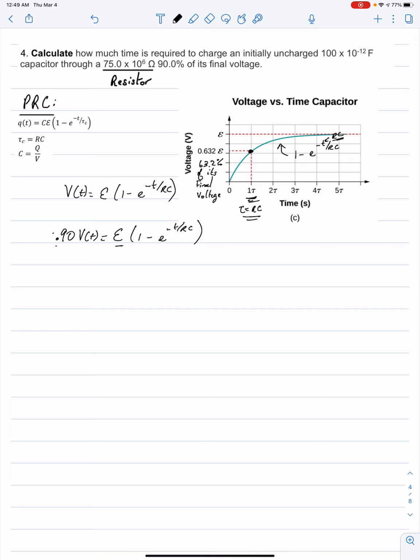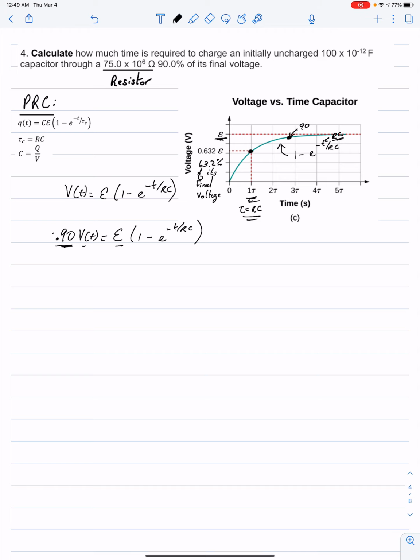It is saying that the ratio between where it's at over the final voltage, which is E right here, is 0.90. So we're looking at around this area right here that is 0.90.